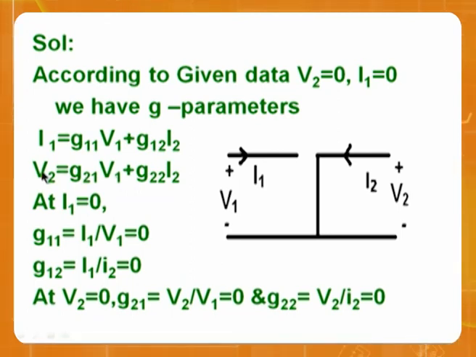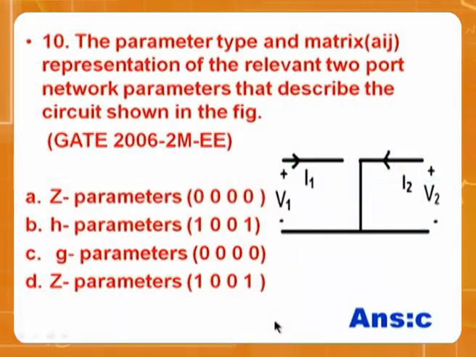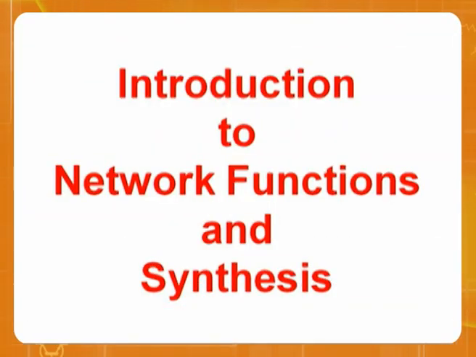So when V2 is 0, what will happen? G21 is 0. Then G22 is what? V2 by I2, that means 0 by I2, which is again 0. So all zeros. Now go back to our options. G parameters all zeros. Therefore the option is C.